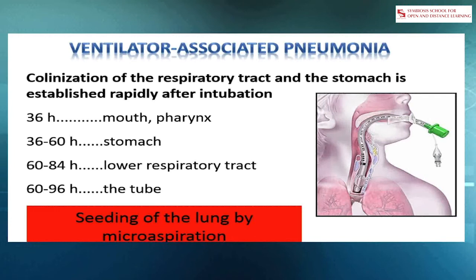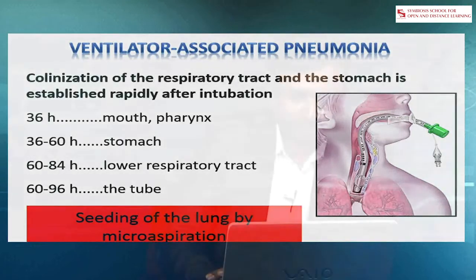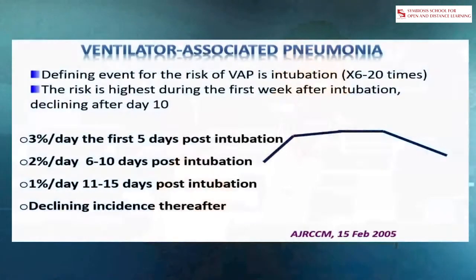Then at 60 to 84 hours, it is the lower respiratory tract, and then the germs colonized on the tube may cause VAP. The first 5 days post intubation have the highest rate of developing VAP, and after 5 days it is a sort of plateau phase. Later, if the patient is on the ventilator for more than 10 days, the chances of developing VAP go down further.